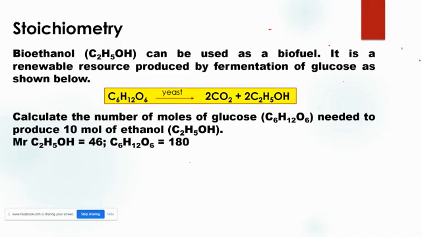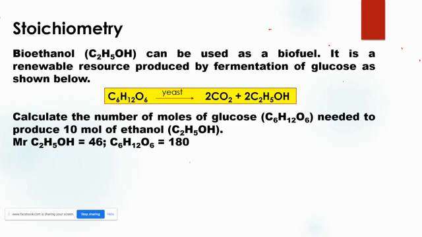Is it already balanced? Remember, to balance the equation, you have to make sure that the number of atoms on the left and right sides are the same. It means that the number of atoms on the left and right sides must be the same.